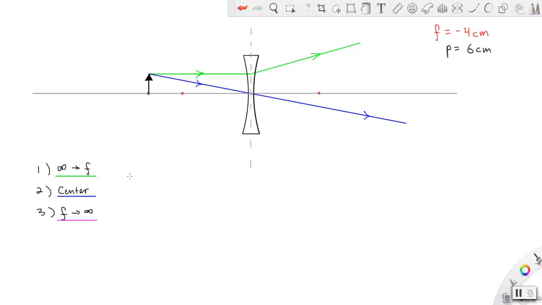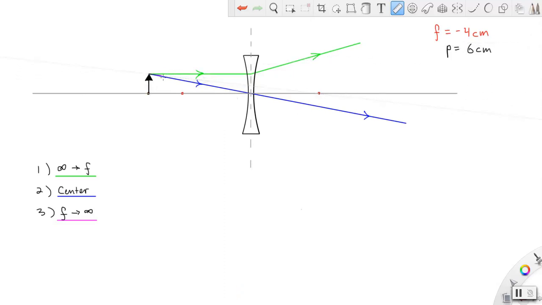Now, what about the focal to parallel ray? Again, think carefully. We have already used up this focal point. We now need to use this focal point. We can't go directly across. That's not going to do us any good. What if we pointed a ray at this focal point?